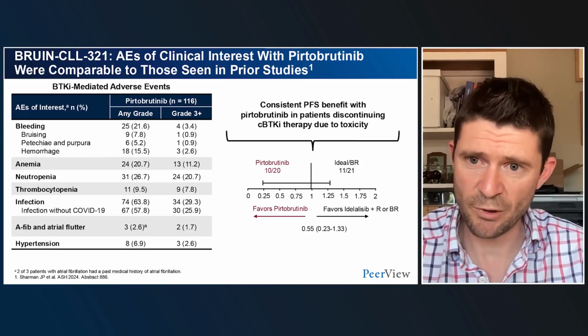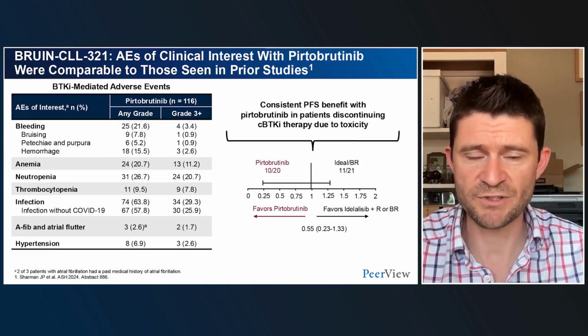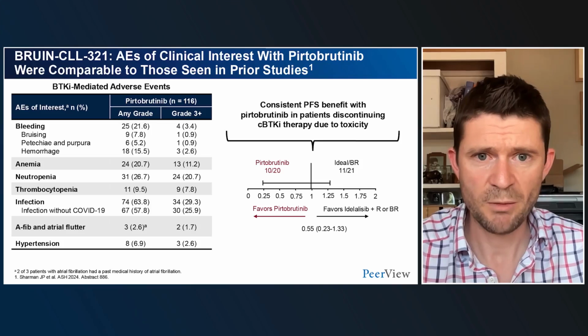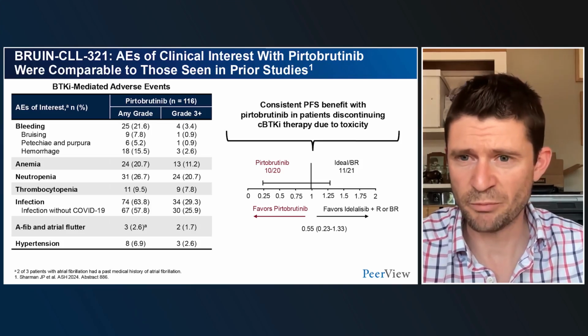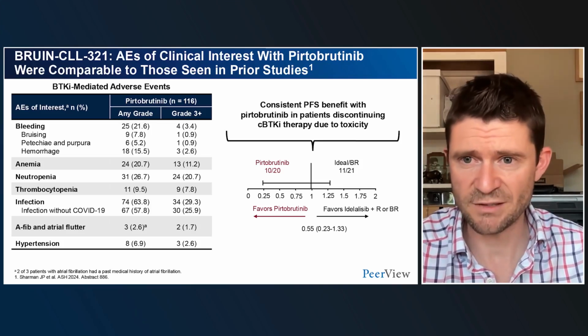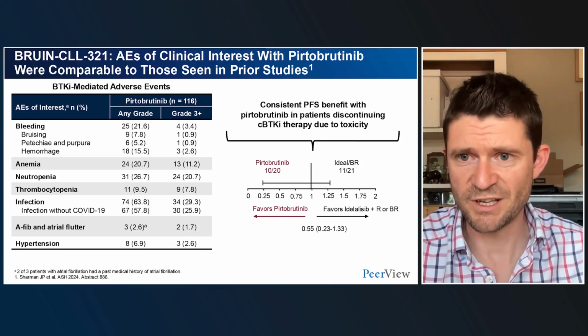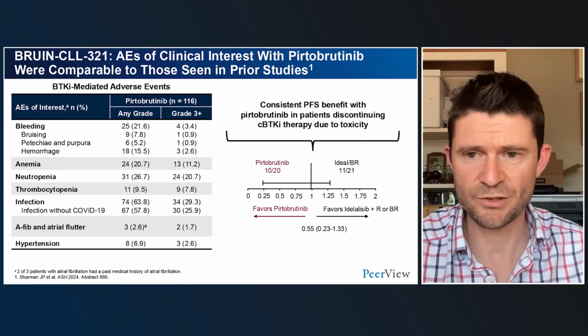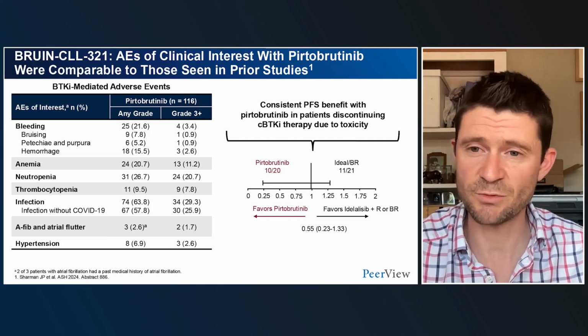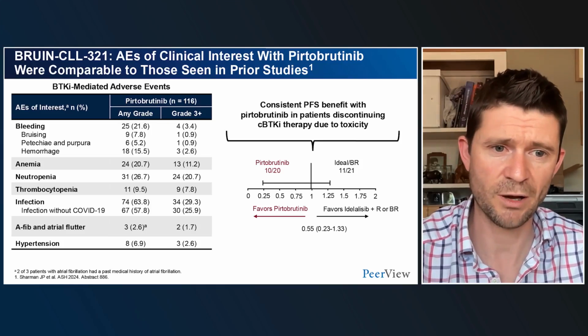From an adverse event profile as well, the results favored pirtobrutinib. Broadly speaking, there was an improvement in overall adverse events, and stopping for toxicity was also less common in the pirtobrutinib arm.